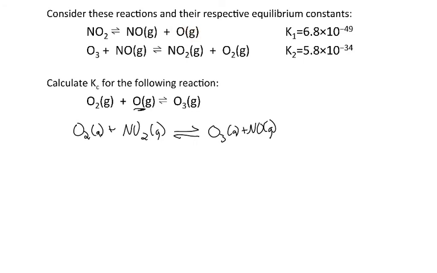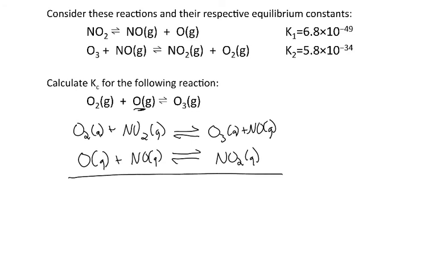So I'm going to need to flip that one, and I'll rewrite that. All right, and so when I add these together, my NOs will cancel, my NO2s will cancel, and I'll be left with O2 plus O going to O3.